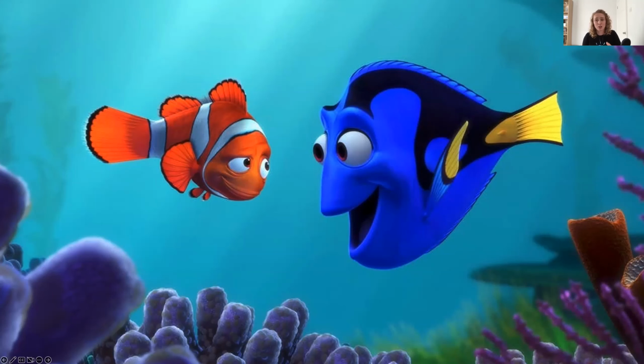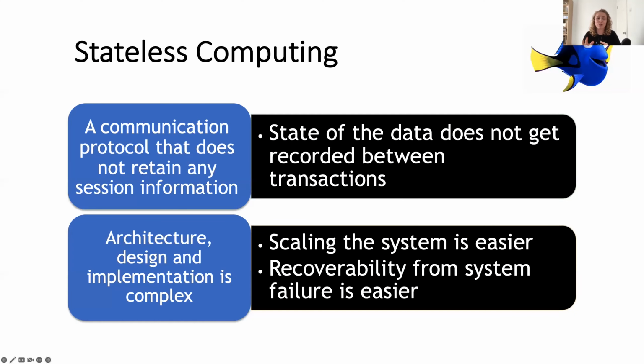So getting into the technical definitions, but still bearing in mind our fishy friends, let's take a look at some more technical definitions. Stateless computing is where we do not retain any session information, and the state of data doesn't get recorded between transactions. What does this mean in terms of our architecture, design and scaling?